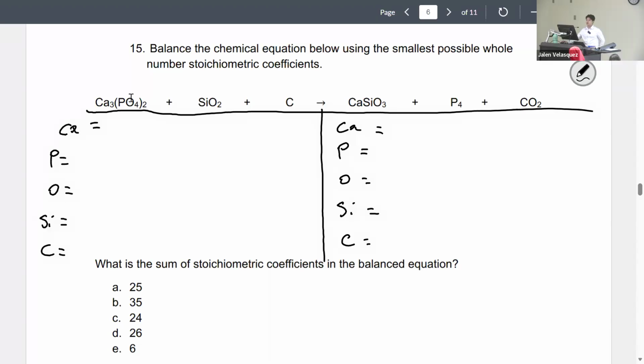When it's on both sides, you can count it together as a unit, but when it's not, you don't have another phosphate to compare to, so we've got to break it up into the P and the O. If I had a PO4 here, then you would keep it together. But we can't do that here, unfortunately.